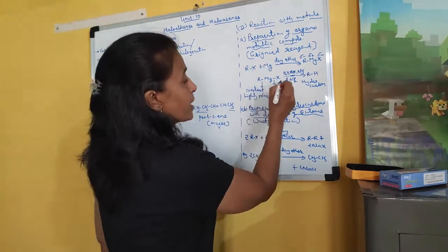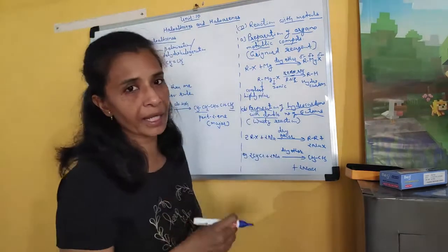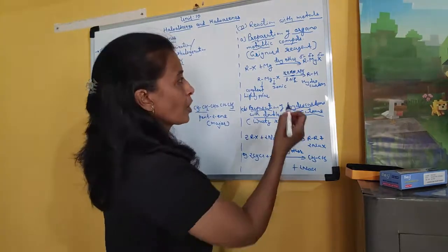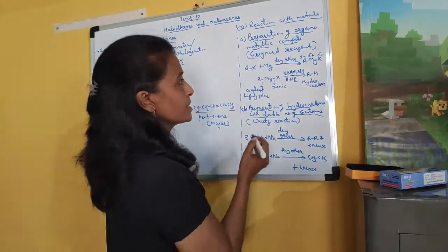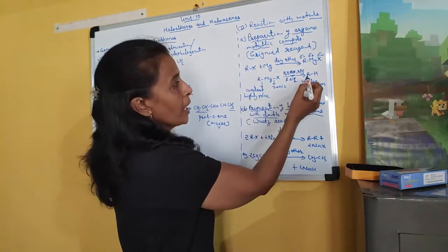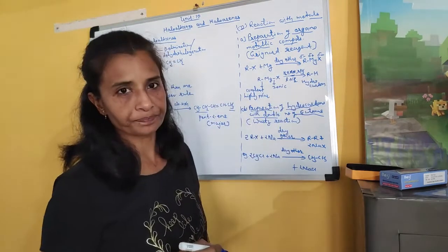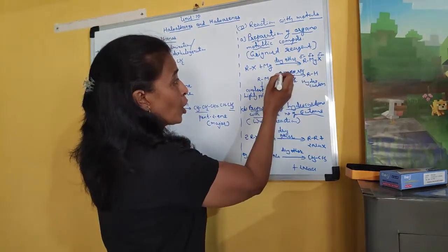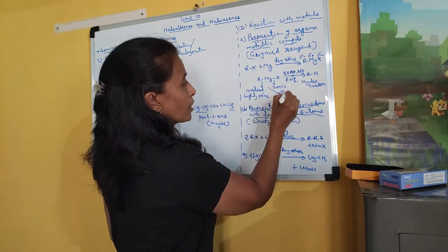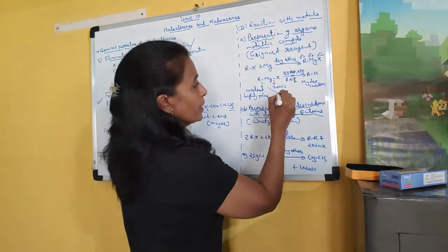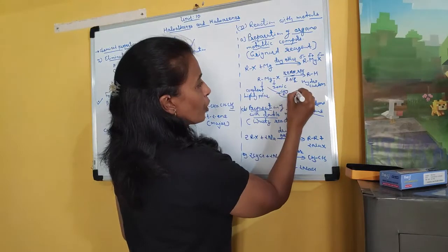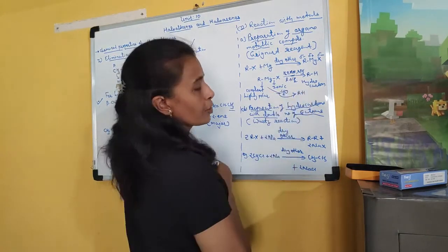Clear? So this Grignard reagent, whenever it comes in contact with a protic compound, means one which can easily donate a proton like water, alcohol or amines, then it will accept a proton from that compound and form a hydrocarbon. Clear? So suppose for example, it is reacted with water. When it is reacted with water, it will accept a proton from water and form RH, that is hydrocarbon.